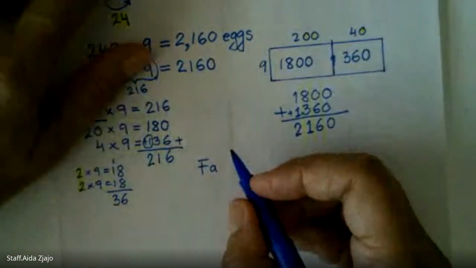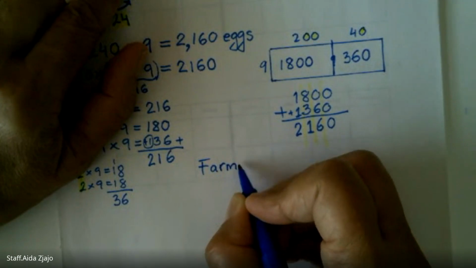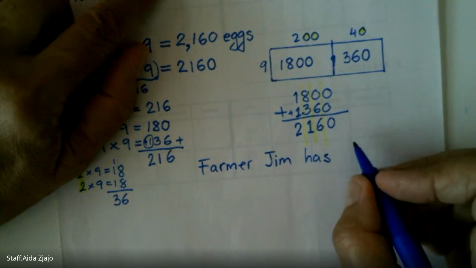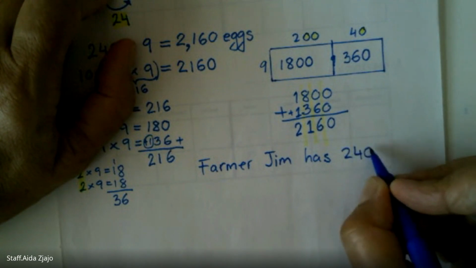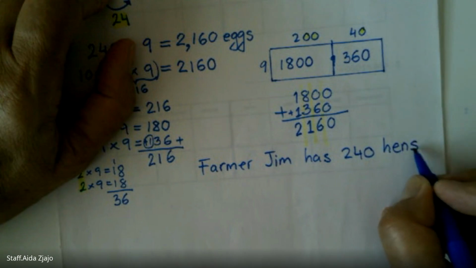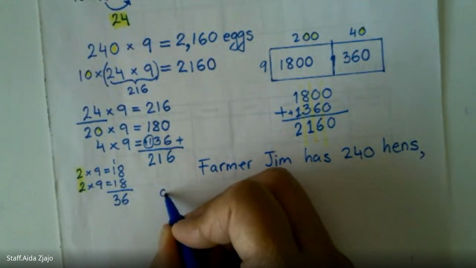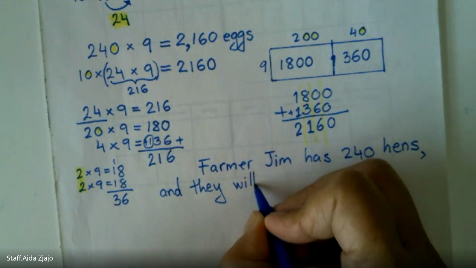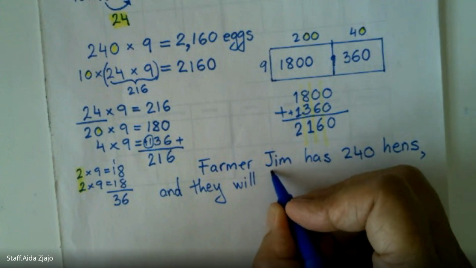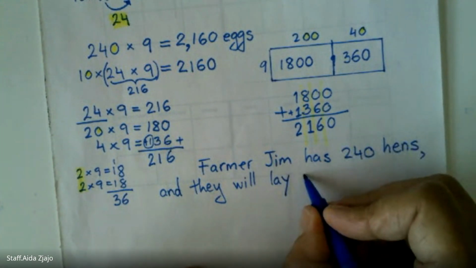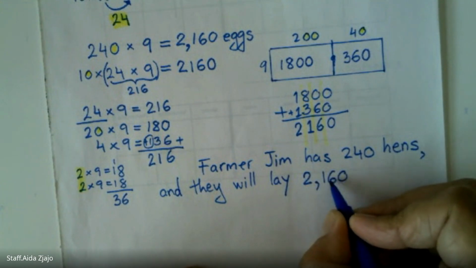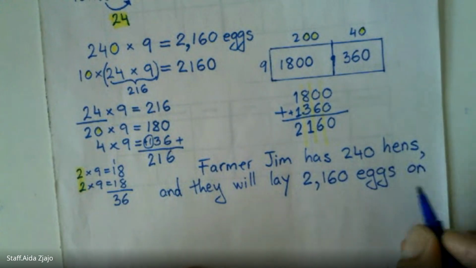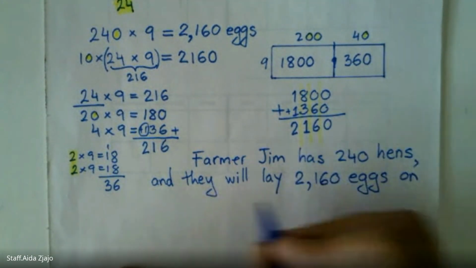Farmer Jim has 240 hens, and they will lay 2,160 eggs on Monday.